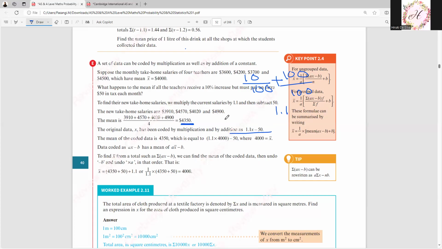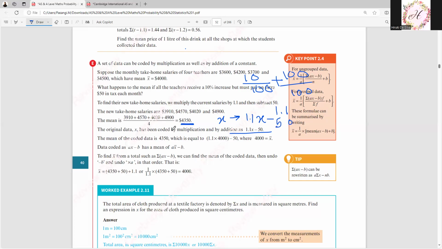Now, if the actual data is x, how does the transformation work here? We multiply x by 1.1 and then subtract 50. That's the transformation we need to do.